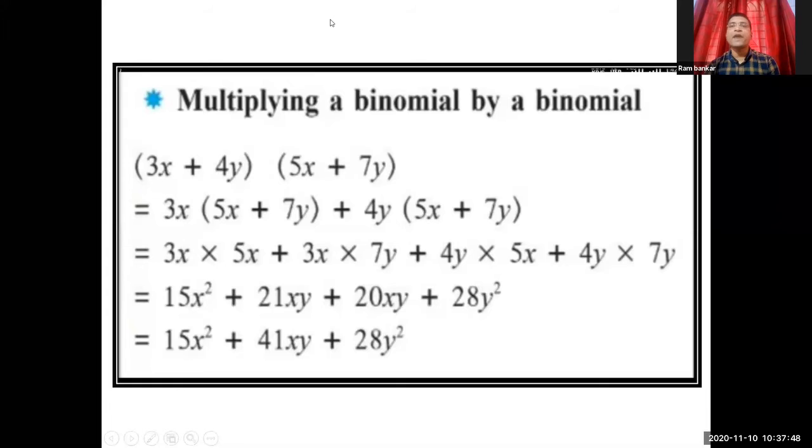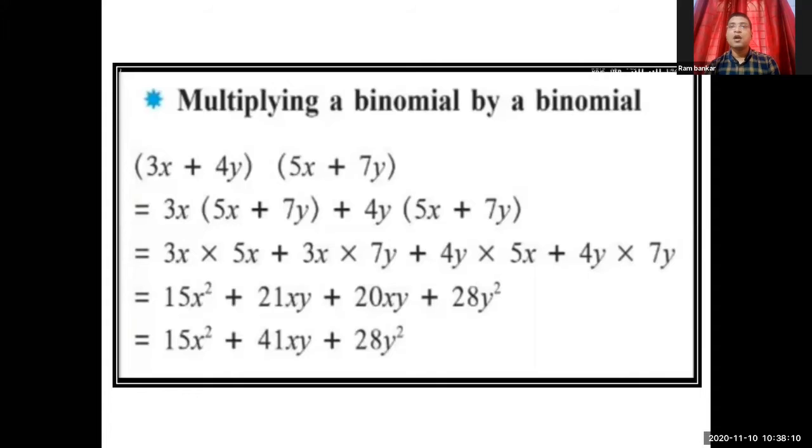In the second bracket, 5x plus 7y. Between the brackets there is no sign written. We will consider there is a multiplication sign between the two brackets. If a sign is not given, always keep in mind that between the brackets there is always multiplication.